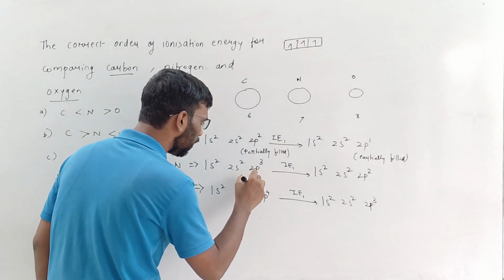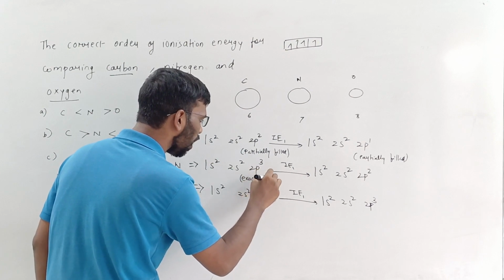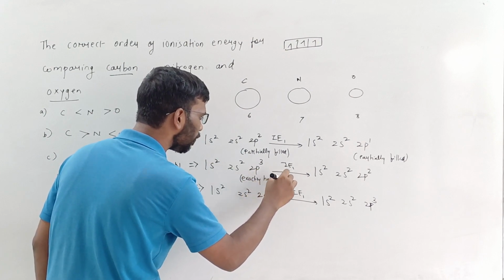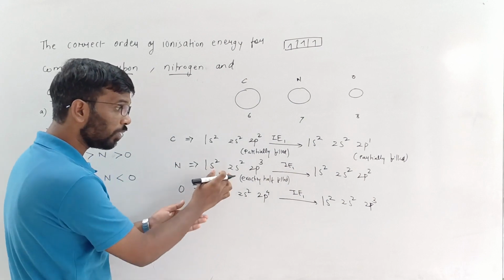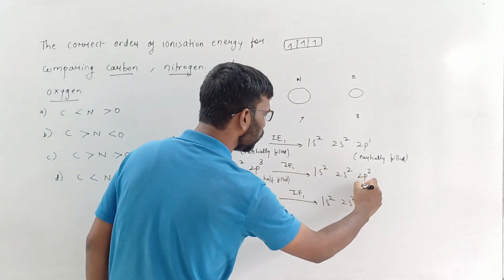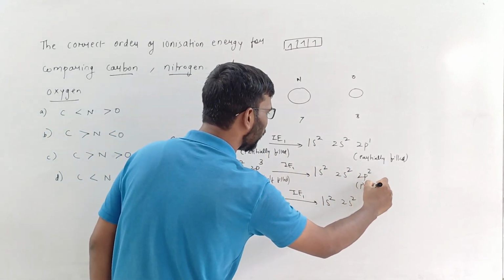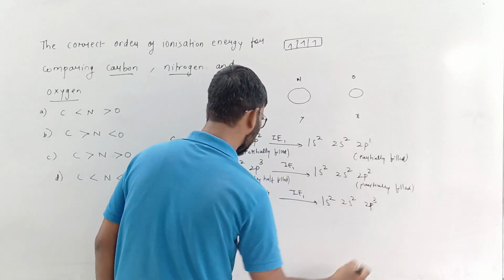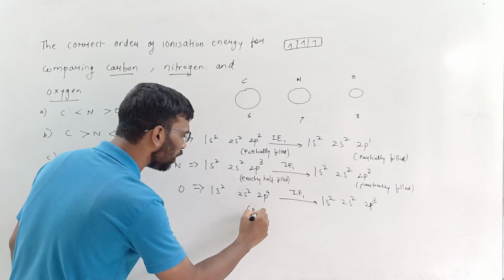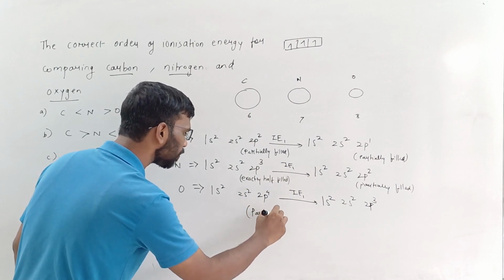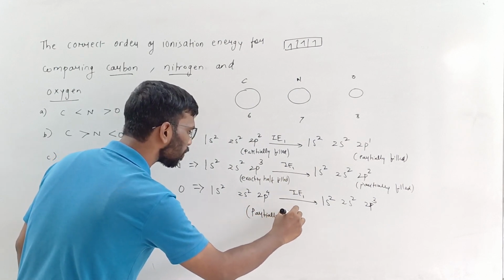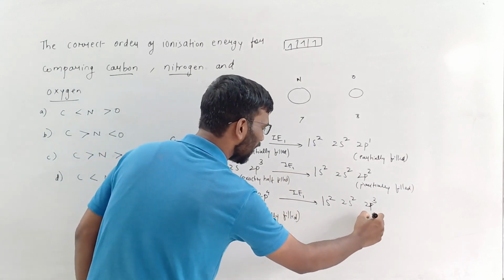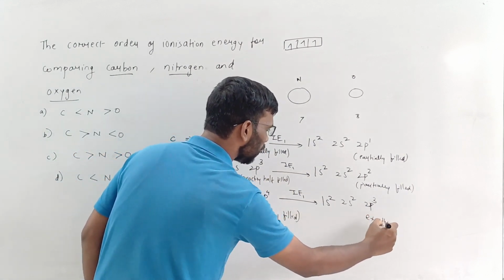I'll write here exactly half filled. After this change, what does it change to? Partially filled. P2 is partially filled, right? What about this? This is partially filled over here. And what about this? Exactly half filled.